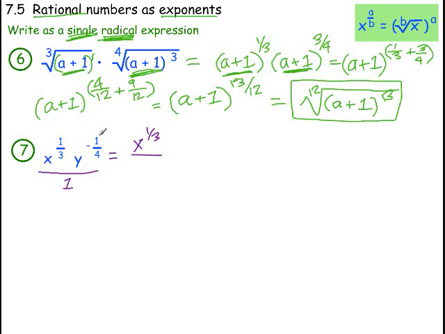When I have a negative exponent, I can make it positive by merely moving it into the denominator. So that's what I'm doing. And this becomes y to the 1/4. Bases aren't the same. So I'm going to have to work on the index. See if I can get the index to be the same. What index is going to work here?